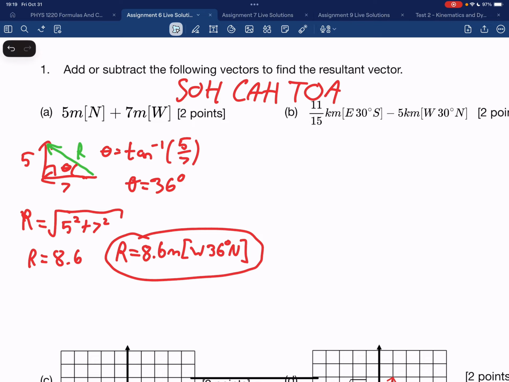The reason I've written it as west 36 degrees north, very important. Here on our vector triangle, this angle theta is measured from the horizontal going to the left here, which is west, and it's measured upwards. So we're starting at west, we go up 36 degrees towards north. And that is how I come up with the direction here.